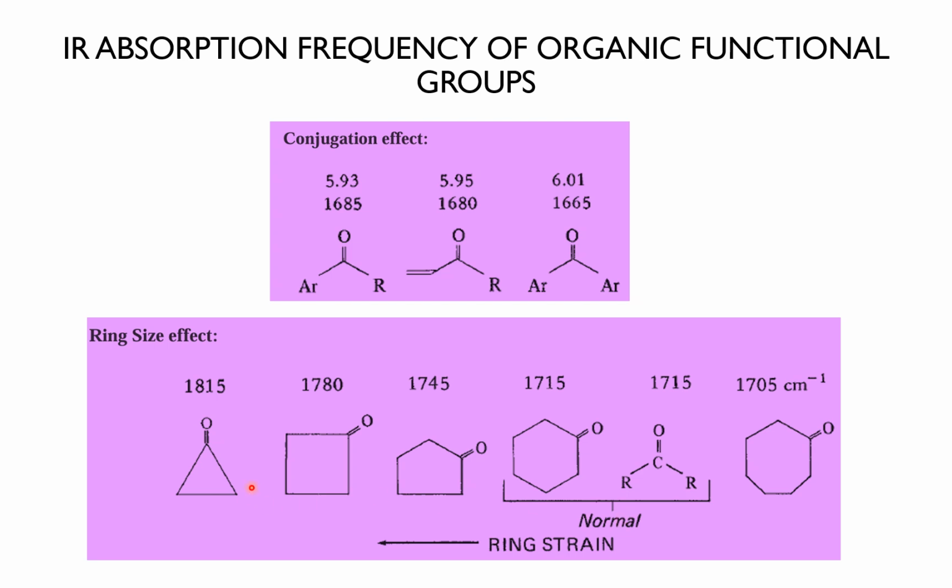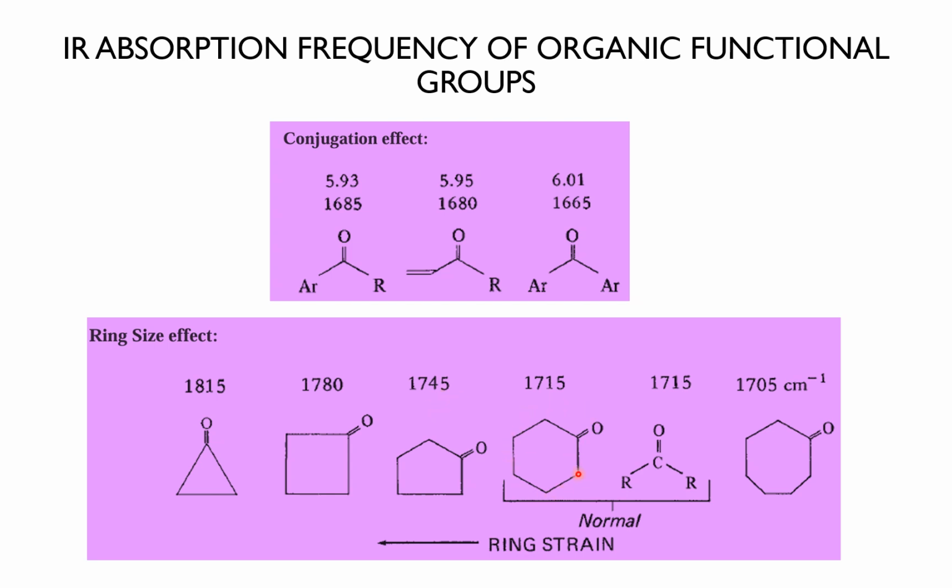So when there is higher angle strain in the molecule, the value will be higher. For cyclobutanone, because the ring strain is lesser as compared to cyclopropane ring, the value is lower, 1780 centimeter inverse. For cyclopentanone, it is 1745 centimeter inverse.